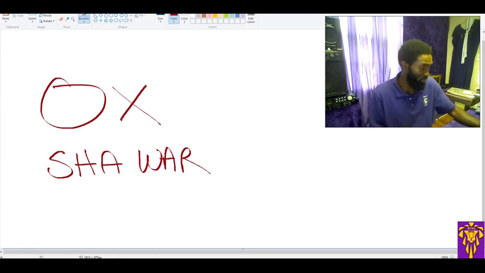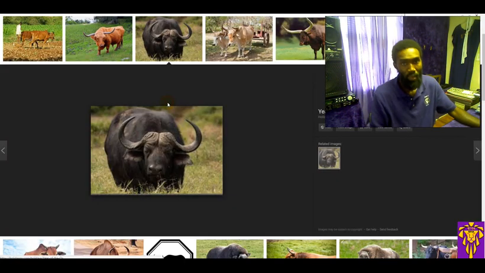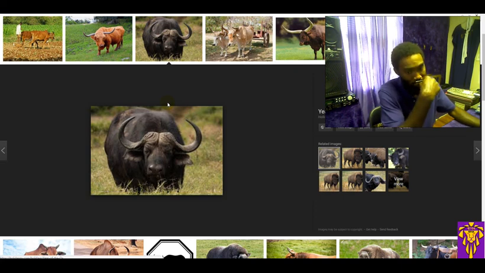So let's look at the image of the ox, and this will be the last animal for this lesson. This is an ox. It puts you in the mind of a buffalo just a little bit. An ox is an extremely strong animal. Very strong. Even though an ox can be considered a very dumb animal as well. An ox is not too bright like other species of the earth, but however, it is very potent.